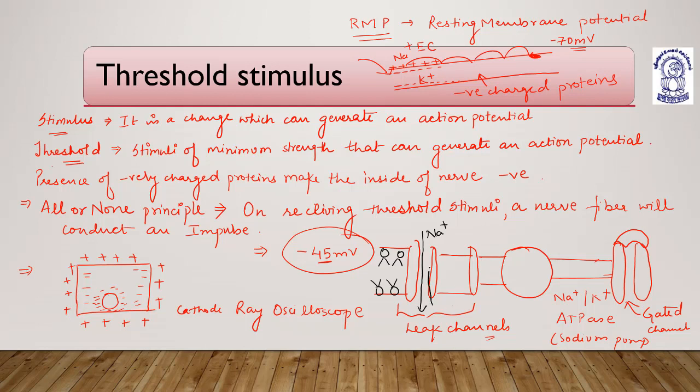the potassium ions go outside. This is the way the potassium ions and sodium ions move. In leak channels, sodium and potassium move along the concentration gradient.